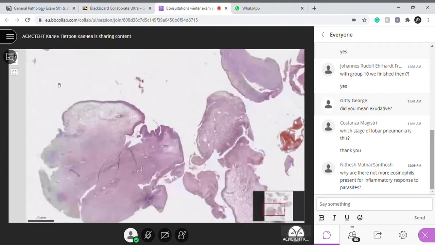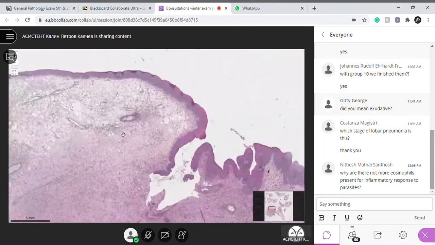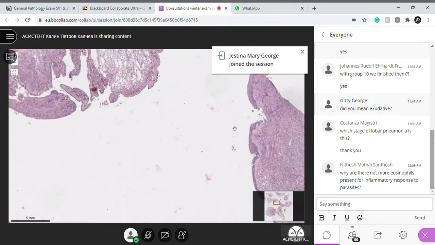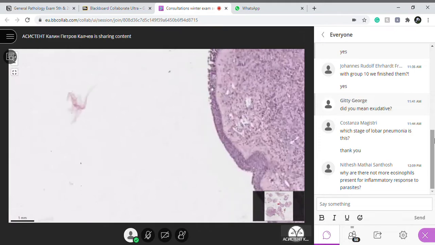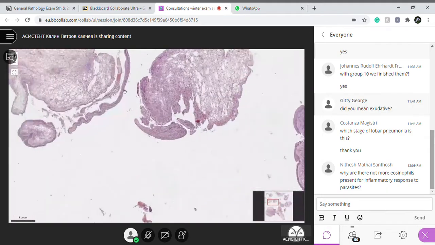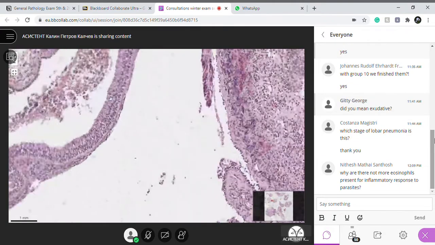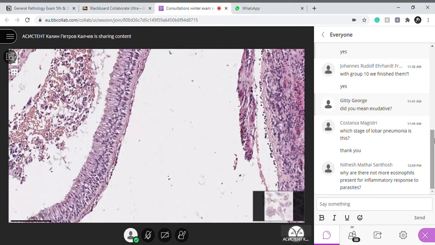Actually, we see multiple fragments of soft tissue which are lined with squamous epithelium, and in some other areas you can see that it is not only squamous but some ciliated columnar epithelium. If only I can find it. Here we have some columnar epithelium.